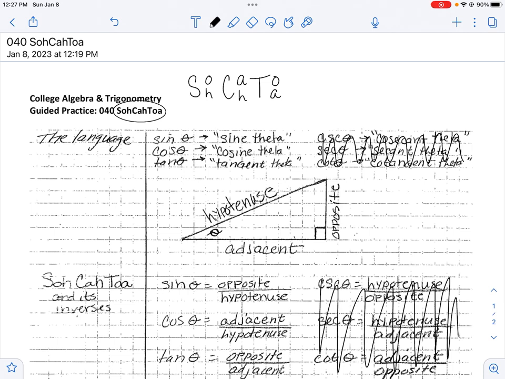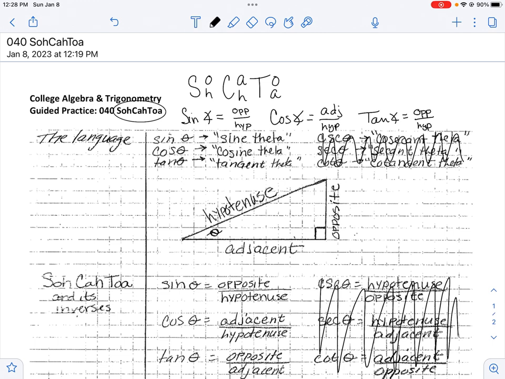But what it means is sine of the angle is equal to the opposite over the hypotenuse, and cosine of the angle is equal to adjacent over the hypotenuse, and tangent of the angle is equal to opposite over the adjacent.